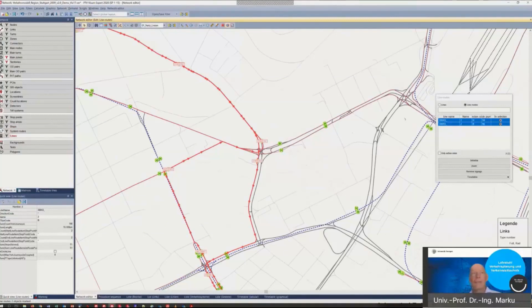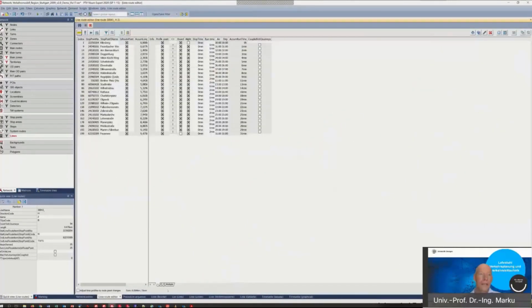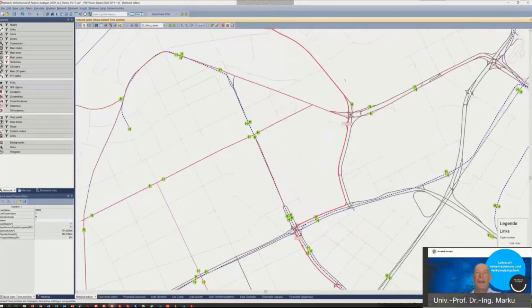But here you see the lines with the two directions, and I could now, for example, look at one line route, and here you see, well, we don't see much difference, but this is the line, some parts of the line, it's a different line than what I just showed you.